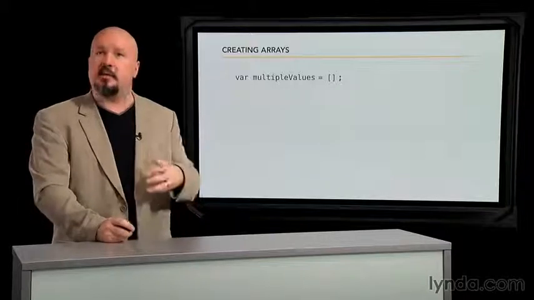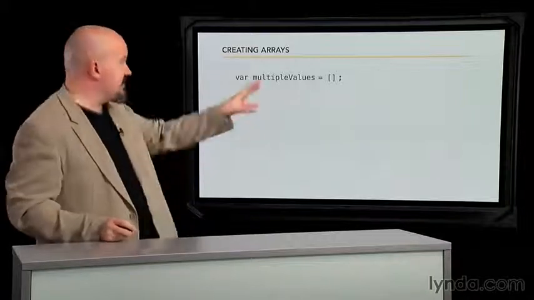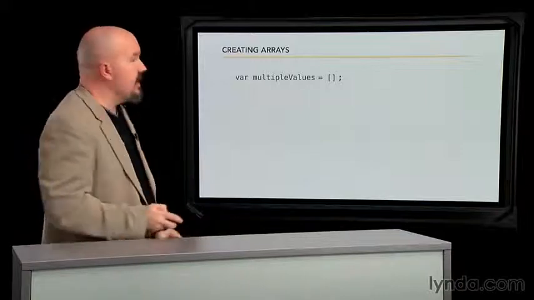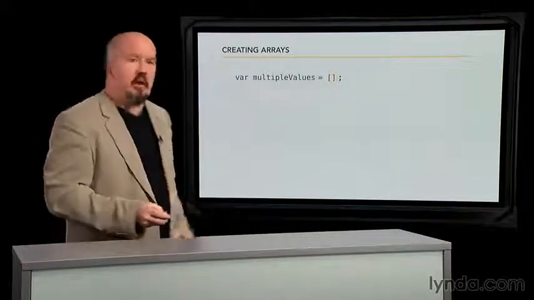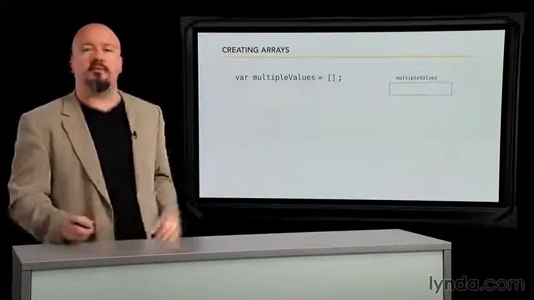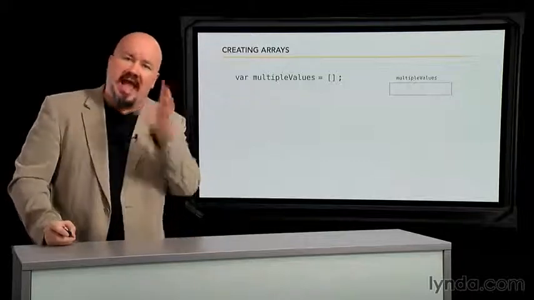This is the indicator that we're dealing with an array, not a single value. When you see those square brackets in JavaScript, it's a pretty good sign you've got an array somewhere. So this line simply creates a single variable called multipleValues that you can put a bunch of stuff inside.